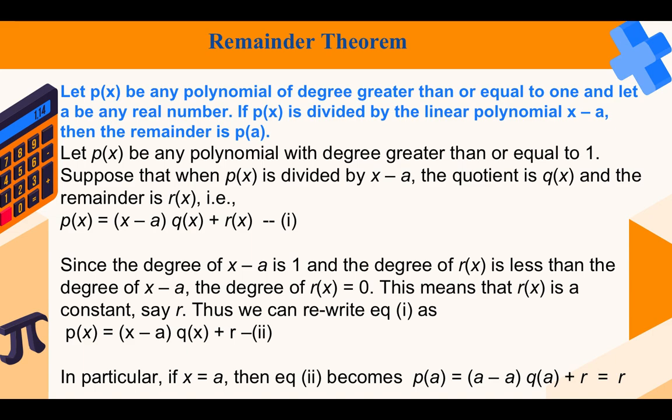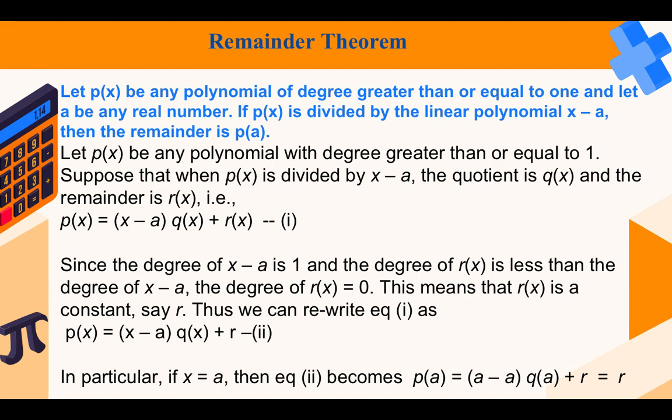So is this clear? p(x) is the polynomial, meaning the dividend, and x minus a is our divisor, we multiply it by the quotient, plus r(x) is the remainder. Okay, remainder can also be in terms of x.